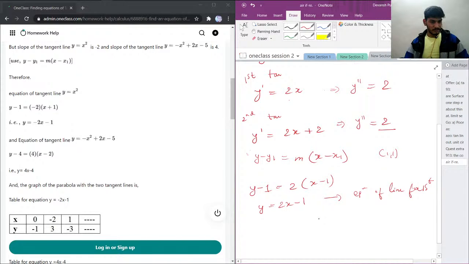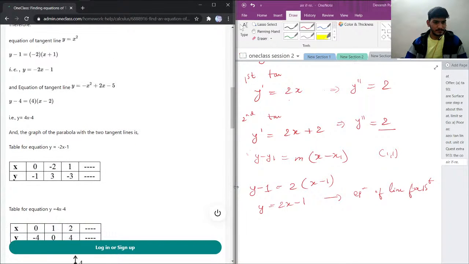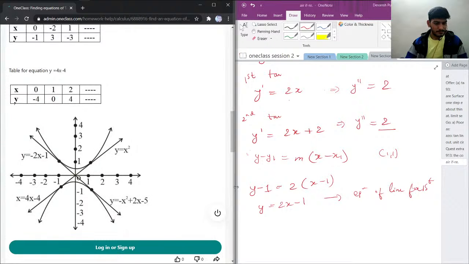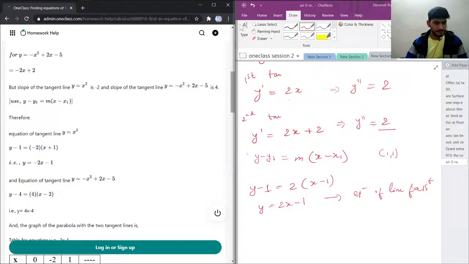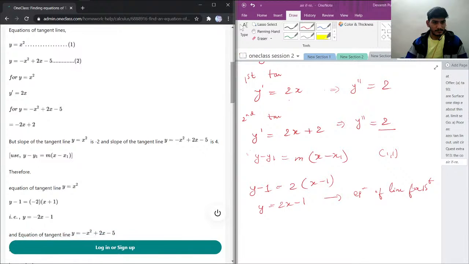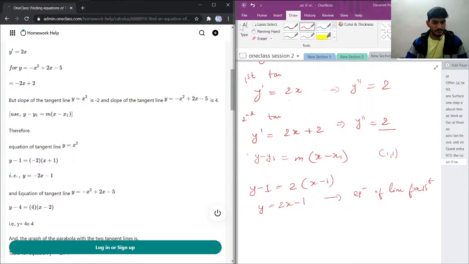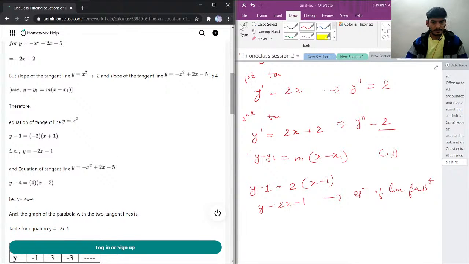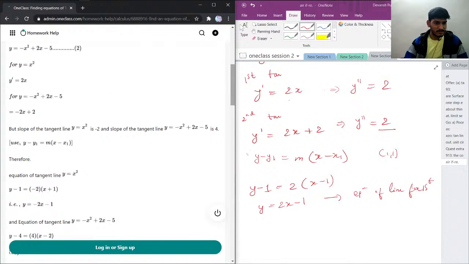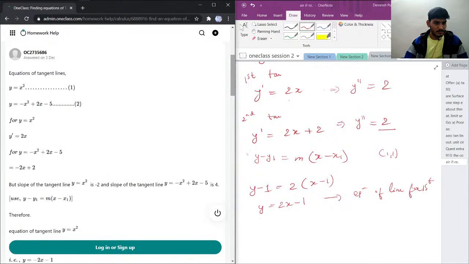And for the equation of tangent line, this equation was 2x minus 1, and let me just verify the solution here. y equal to x squared.